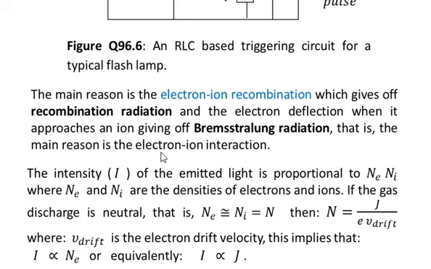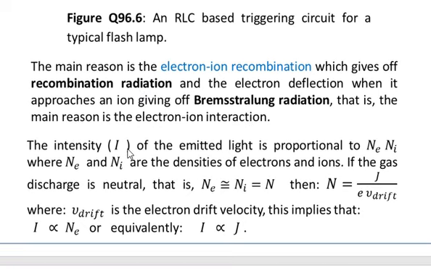So you see that due to electron-ion interaction within the gas inside the lamp, we can have a recombination radiation, or we can also have a Bremsstrahlung radiation. The intensity I of the emitted light is proportional to the product of Ne and Ni, where Ne and Ni are the densities of electrons and ions respectively.